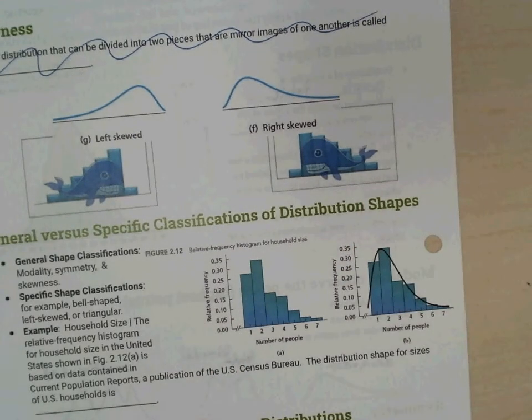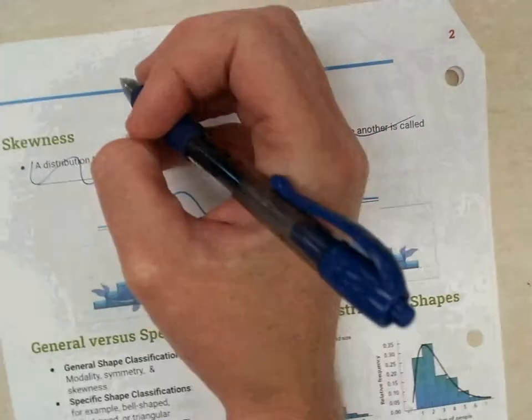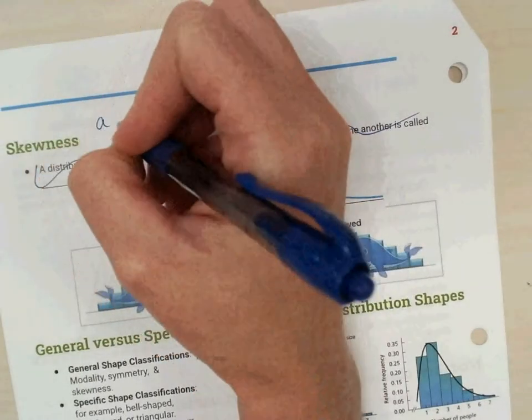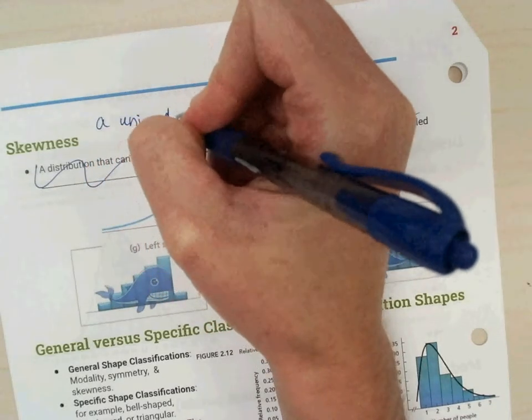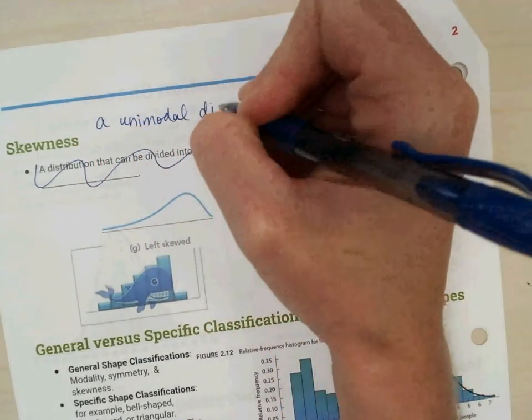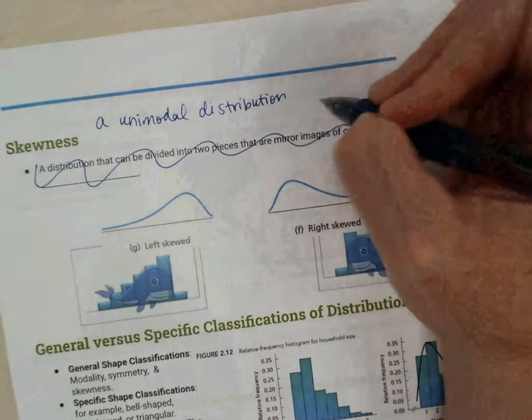So the words that we're going to write along with this would be a unimodal distribution. That is not symmetric.